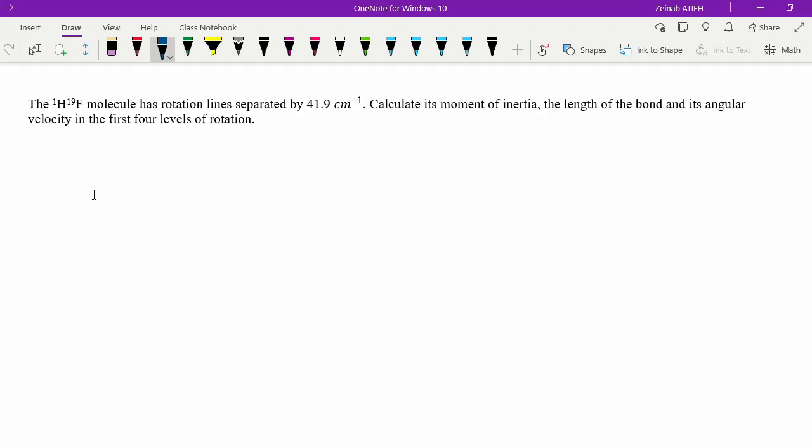So he said that the rotational lines are separated by 41.9 cm minus 1. And we all know that the separation between the lines is equal to 2 b bar. So simply, b bar will be equal to half this value, which will give us 20.95 centimeter minus 1.